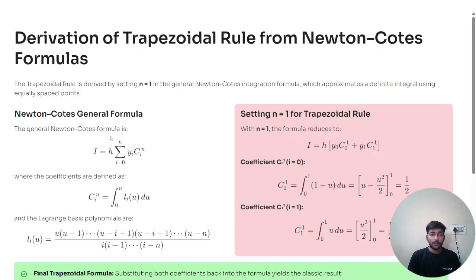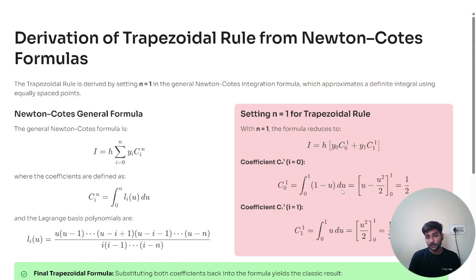If we put n equal to 1 here, then we get this expanded form: I is equal to h into y0 c_0^1 plus y1 c_1^1, and now we separately calculate the values of c_0^1 and c_1^1. Here n is equal to 1, so i goes from 0 to 1. We apply the limits 0 to 1 in this formula, and then we calculate it. Then this is the expanded form of this.